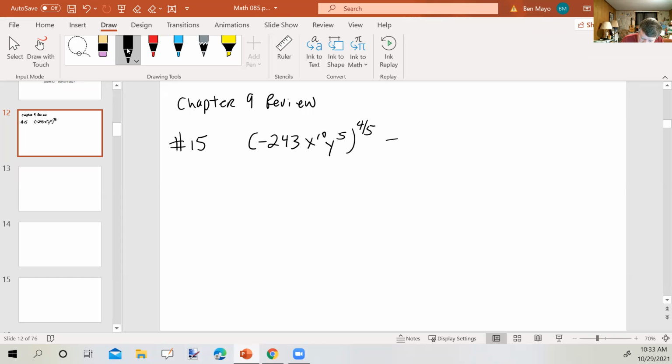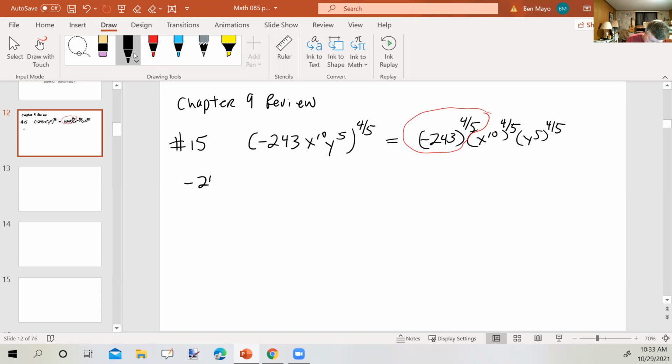So the first move is going to be to take each factor in the product and raise it to the outside 4/5 power. Okay, so that gets us that. Clean that up a little bit. Now let's take these pieces one at a time. Let's do the first one there.